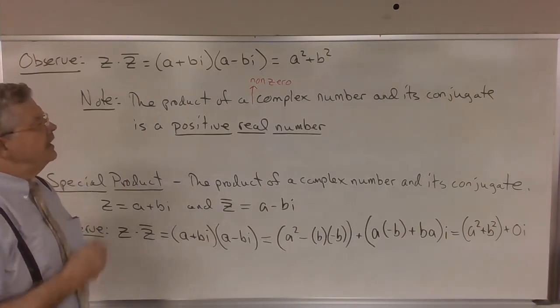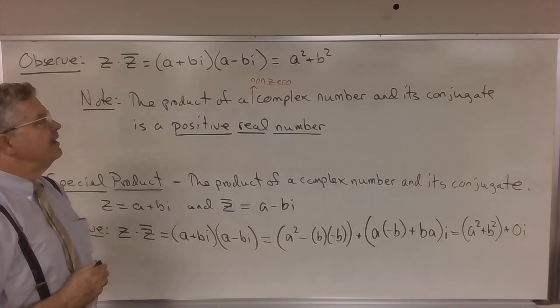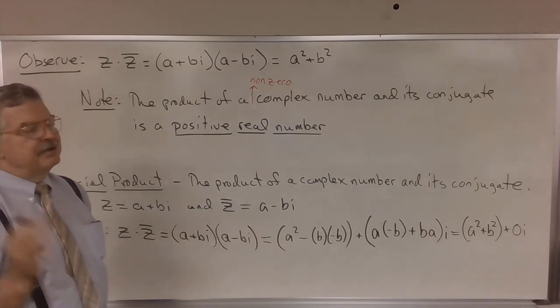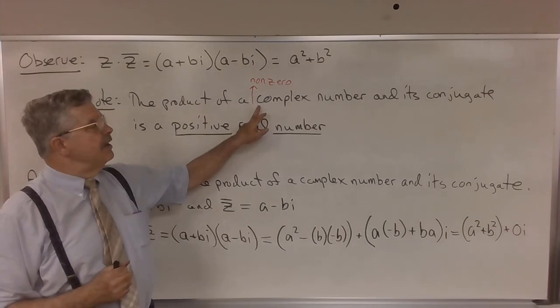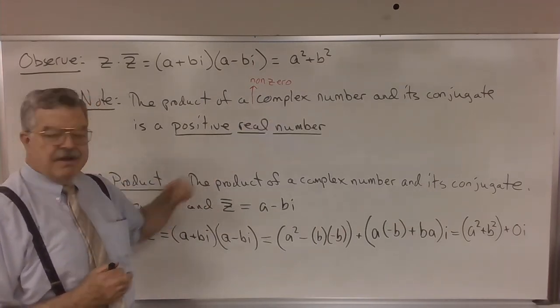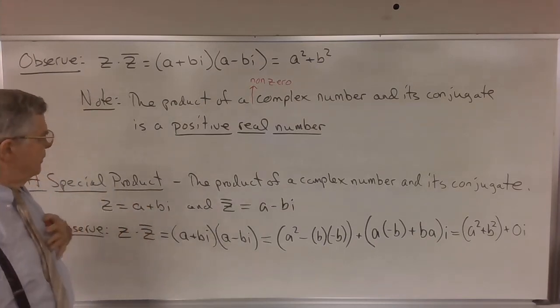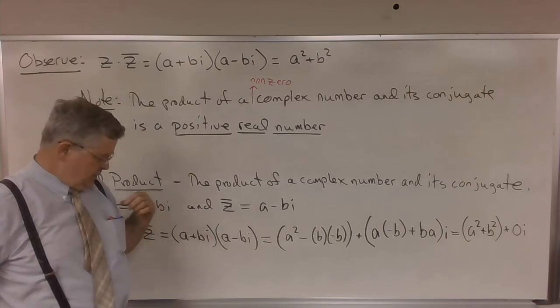See, the only time that the product of a complex number and its conjugate is 0 is when that complex number is 0. So if we have a non-zero complex number and we multiply by its conjugate, we get a positive real number. That is going to be immensely important.